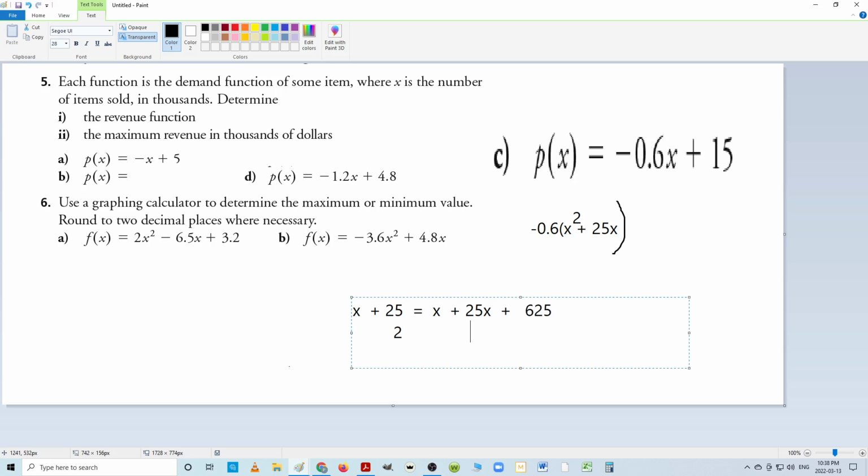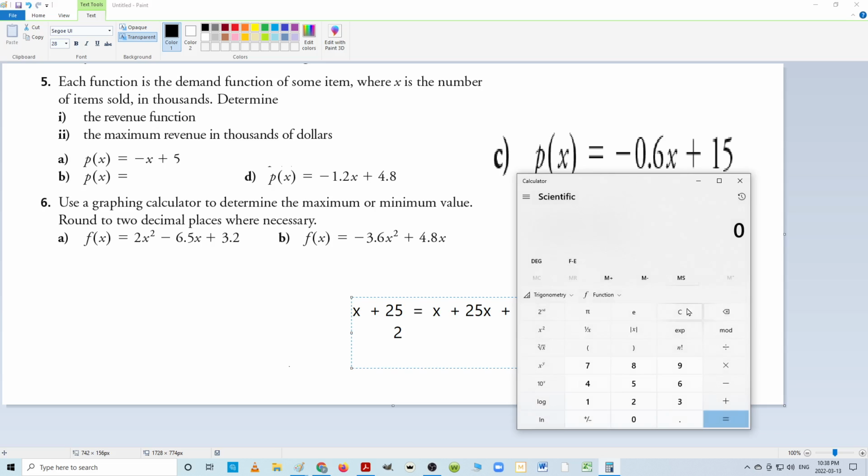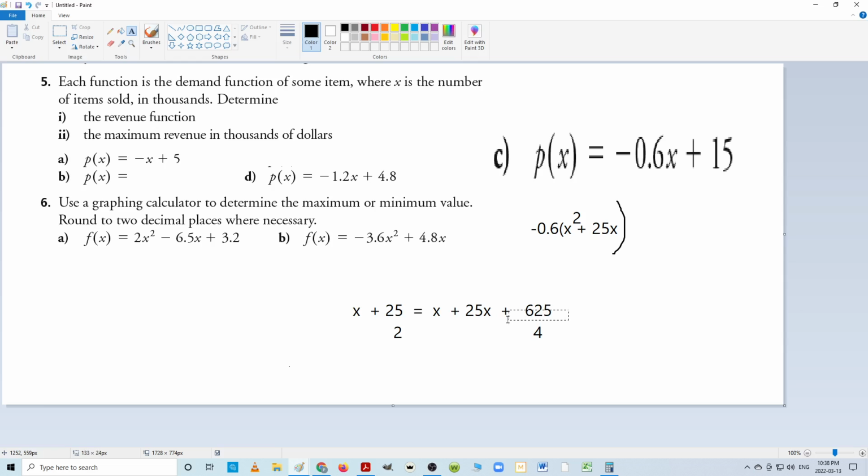And if I want to put that into actual values, 625 divided by 4 is actually that. So I could just replace that whole thing with that.